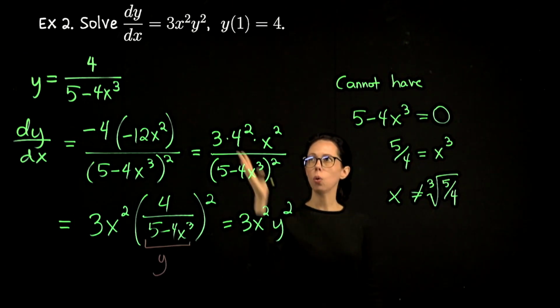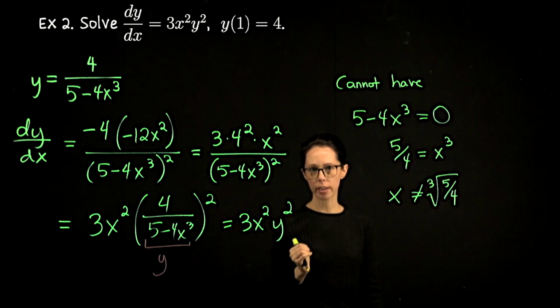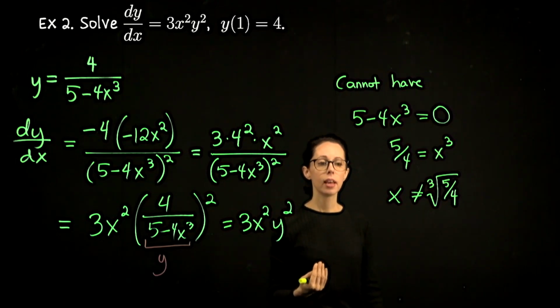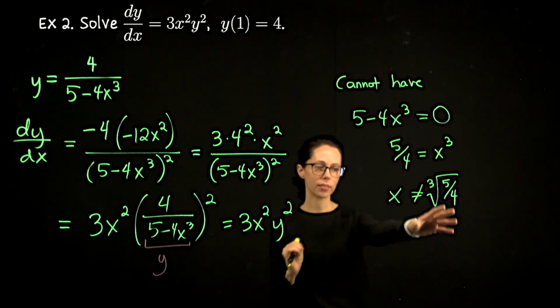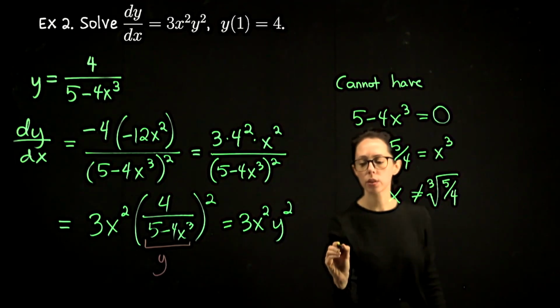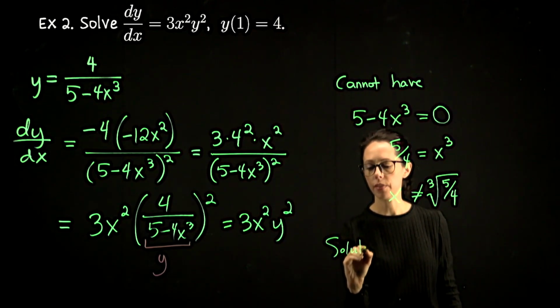Given that we were told that at some point for our function x was 1, that means that the solution we're looking at is going to live to the left of this number. So our solution is not valid for all values of x.